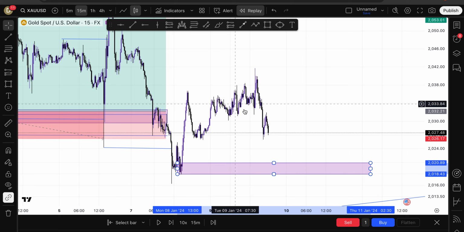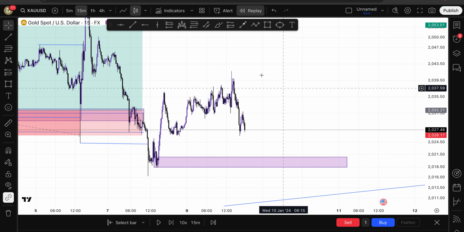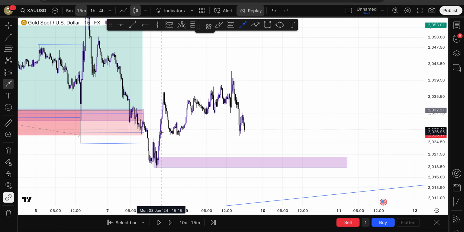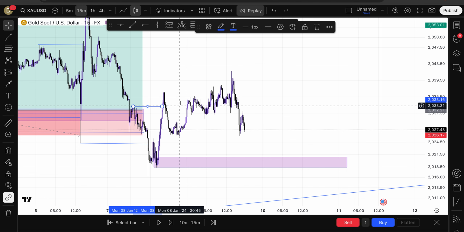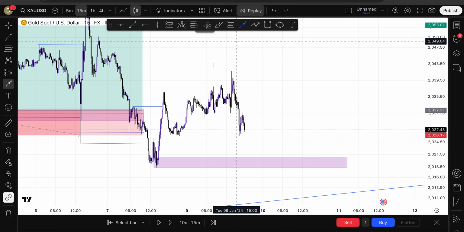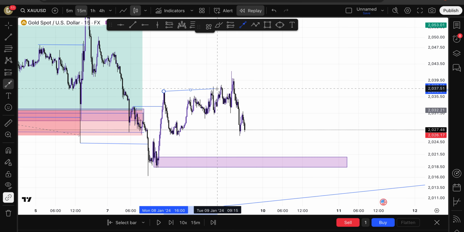Let's have it. Let's see. So here is our breakout. Here will be our breakout structure. Our first breakout structure, then our second breakout structure.